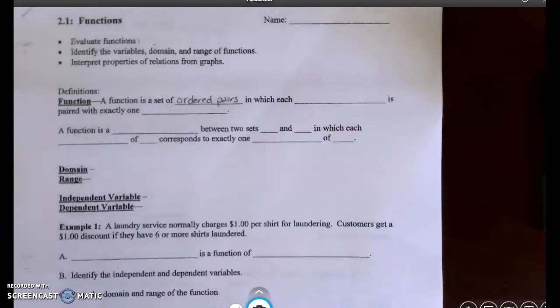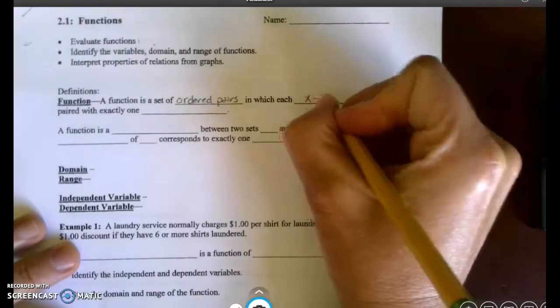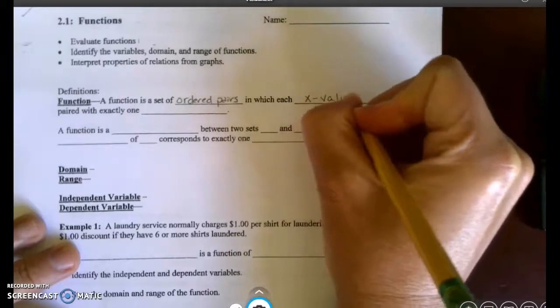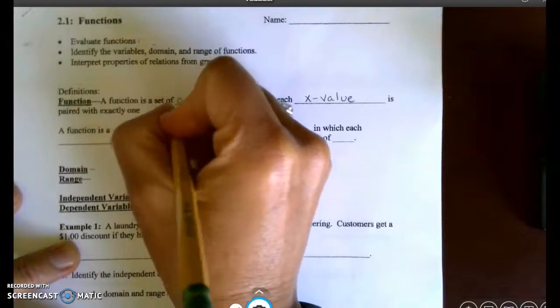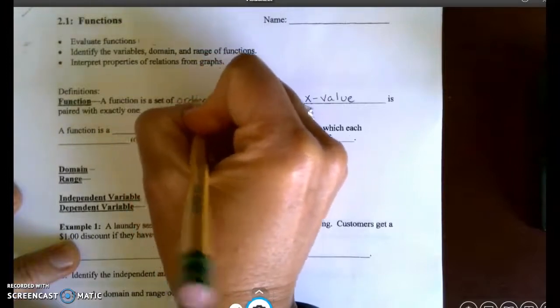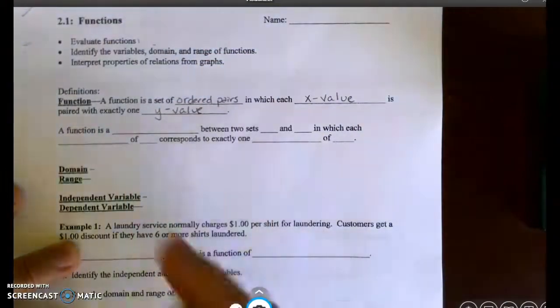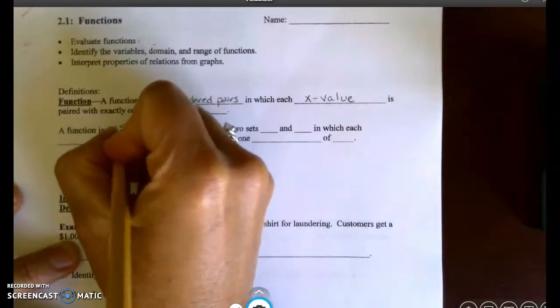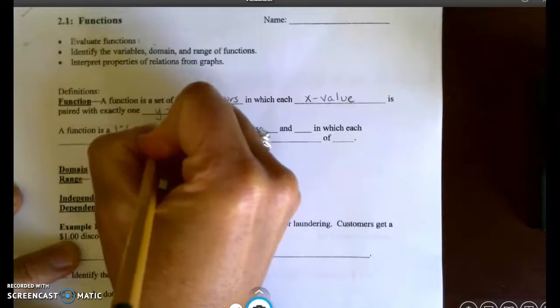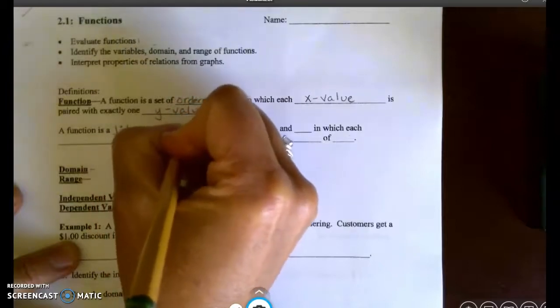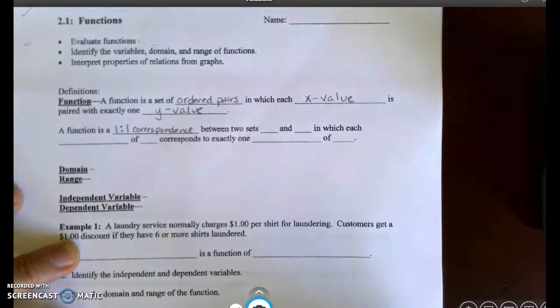All right, so a function is a set of ordered pairs in which each x value is paired with exactly one y value. And a function is a one-to-one correspondence between two sets.